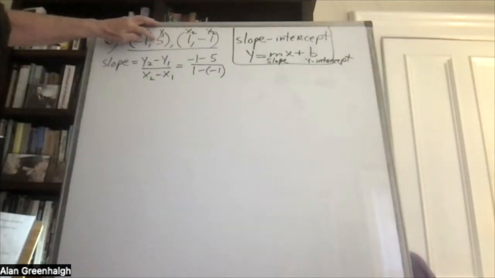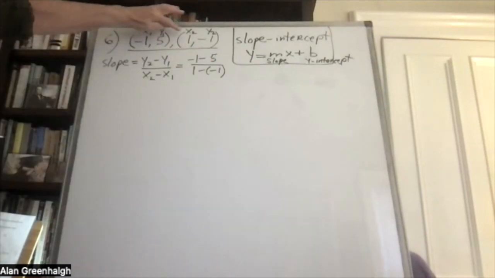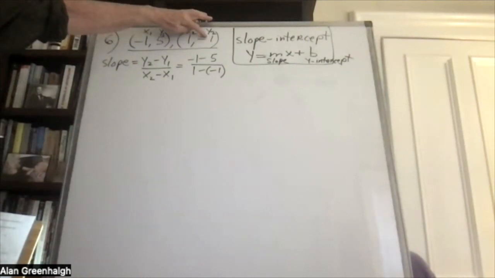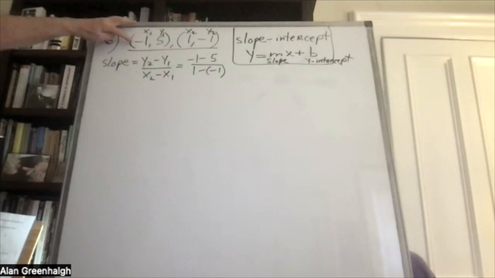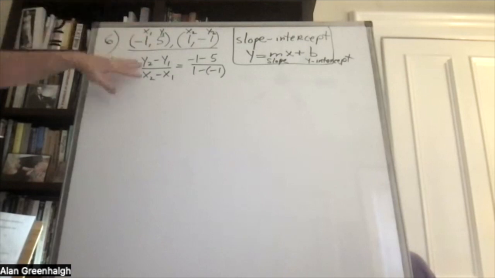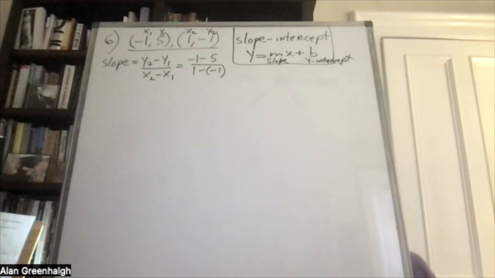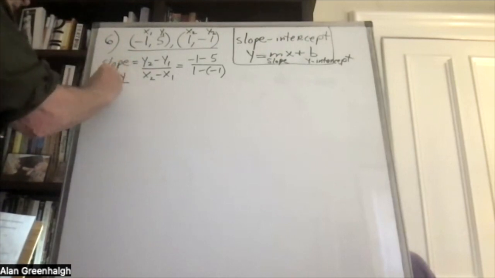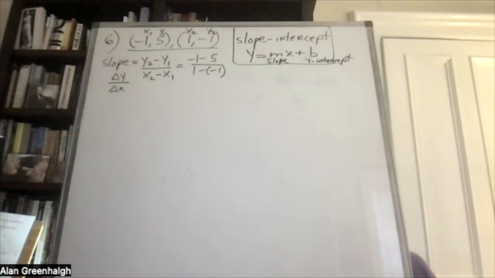You could do the same thing here. You could do 5 minus -1 and then -1 minus 1. So, you could do that as well, but this is the formula. This is delta y over delta x. Remember that? Delta y over delta x. The change in y over the change in x.